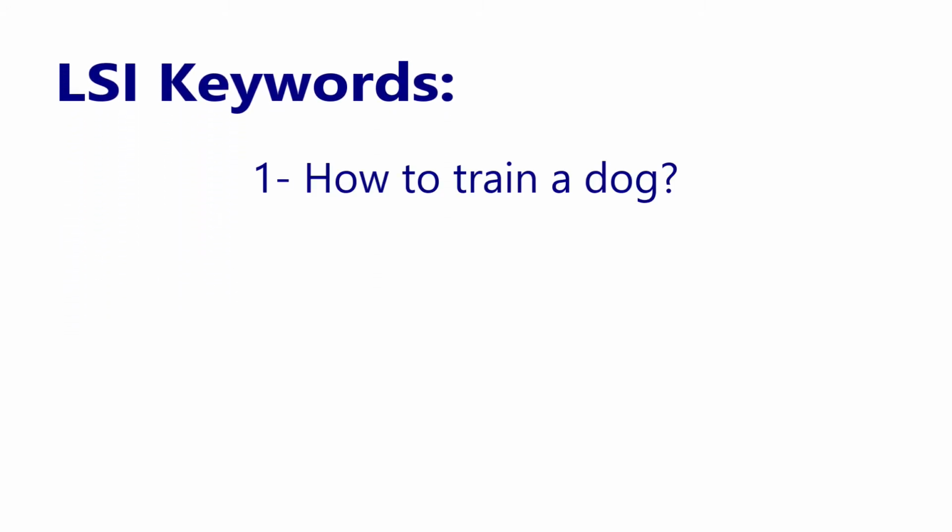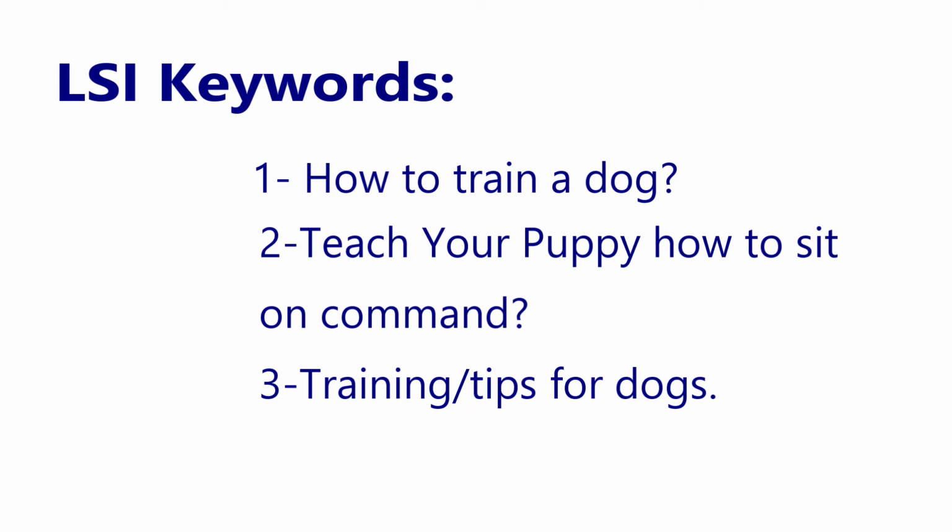So for example, if your target keyword is dog training, then some semantically related keywords could be how to train a dog, teach your puppy how to sit on command, training tips for dogs. And to find LSI or semantically related keywords, you can use a tool called lsigroup.com, which I personally use for keyword research.